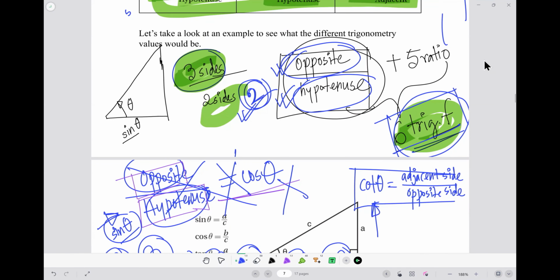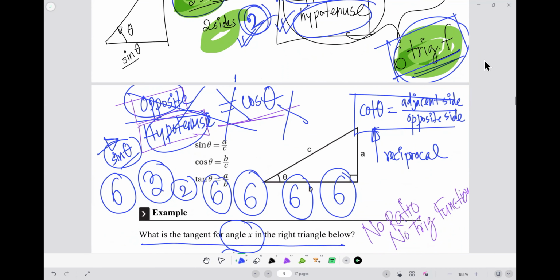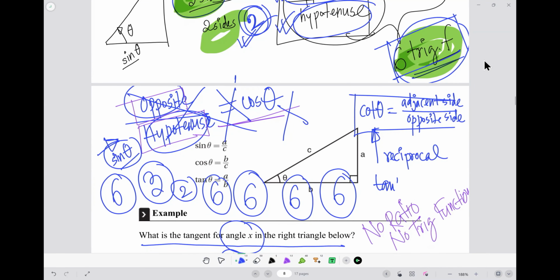You just need to tell them reciprocal. So tan theta is equal to 1 by cot theta. So if you remember the definition of tan theta, then you can definitely find the definition of cot theta.